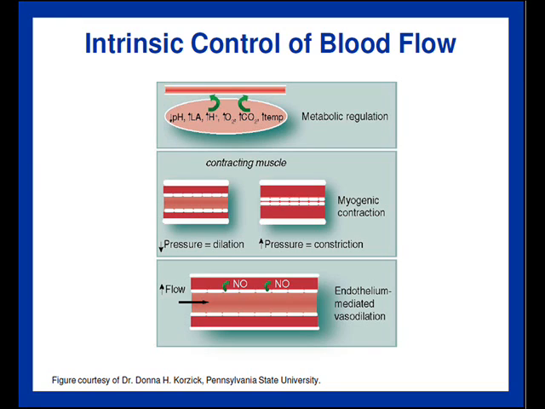And that's exactly what happens during exercise. So the endothelial cells pick up the increased shear stress because of the increased pressure and increased blood flow, release nitric oxide, which works back onto the blood vessel smooth muscle, relaxes them, and you get vasodilation. That's what we mean by endothelium-mediated vasodilation.